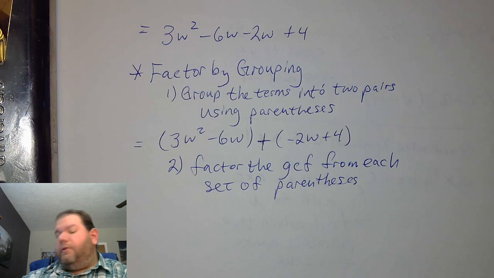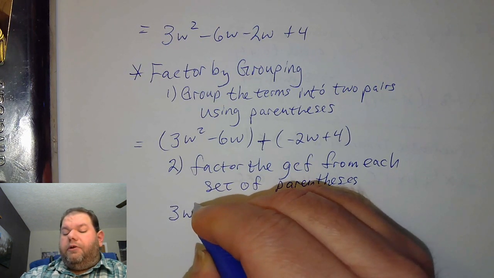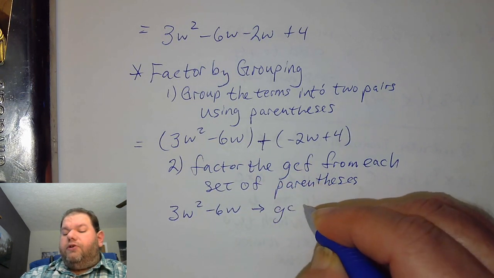Okay, so for 3w squared minus 6w, what's the GCF there?